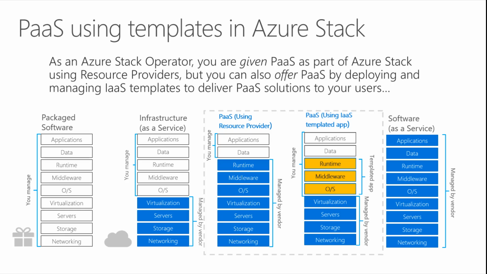In the PaaS templated app in the right side of the dotted box, you see we have things highlighted in yellow or orange. And again, these templates are provided by you being the Azure Stack operator to put in the marketplace and make available for the users in the user/tenant space to access.